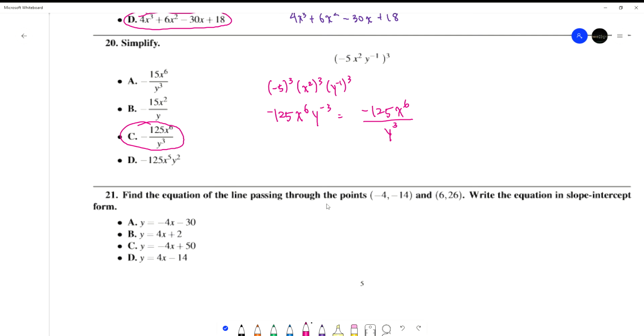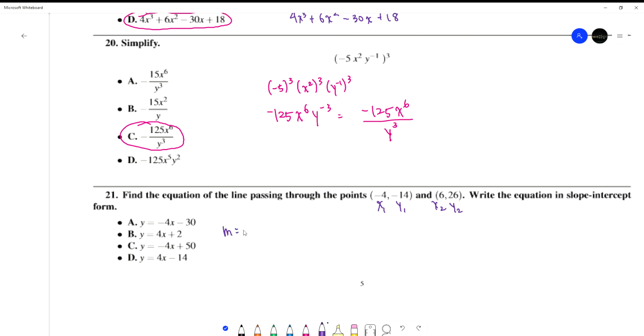Okay, number 21. Find the equation of the line passing through the points (negative 4, negative 14) and (6, 26). Write the equation in slope-intercept form. So first thing we need to do is find our slope. I'm going to label this x1, y1, x2, y2.